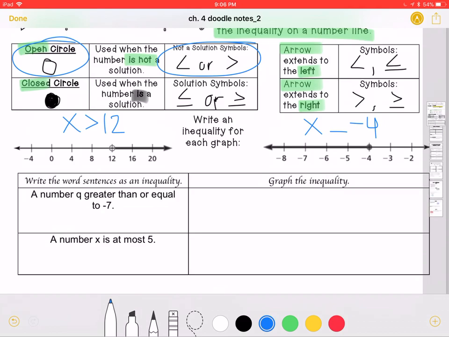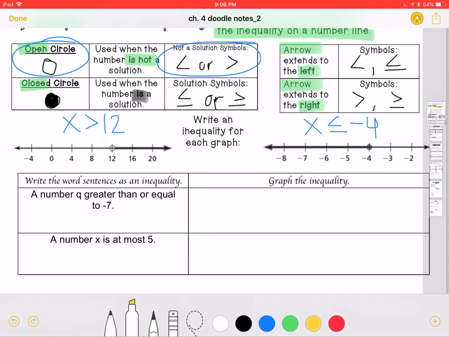But now does my arrow go to the left or to the right? It should be less than, because it's going to the left. These are all numbers less than -4, and it's allowed to equal -4 because that's a filled-in circle. So x is less than or equal to -4.